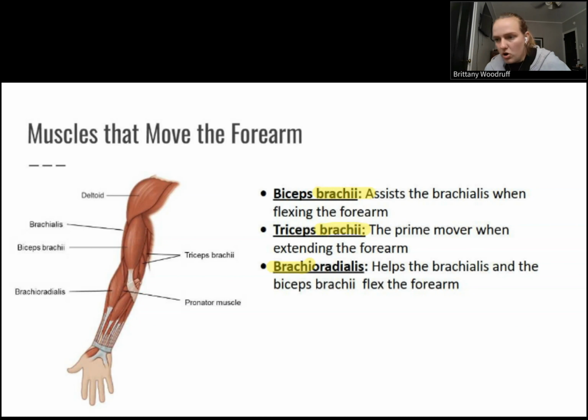Brachii means arm, basically. So if you see brachii in some way, shape, or form, it probably has to do with the arm. So if you're sitting there on an exam, you can use that medical terminology to guide you. So brachii, brachio, you're talking about your arm.